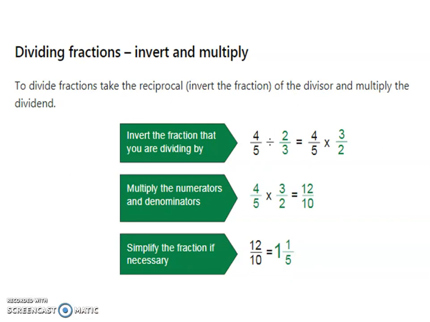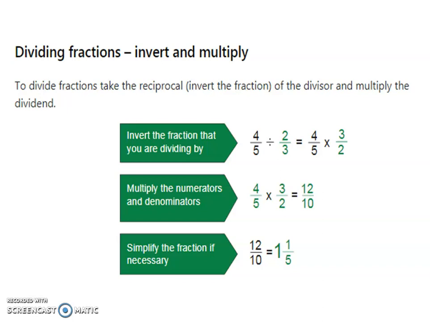Next one, dividing fractions. This concept is very important in this chapter because the same concept you are using in decimal division also. So dividing fractions, invert and multiply. To divide fractions, take the reciprocal of the divisor and multiply the dividend. Now here the question given to you is 4 by 5 divided by 2 by 3.